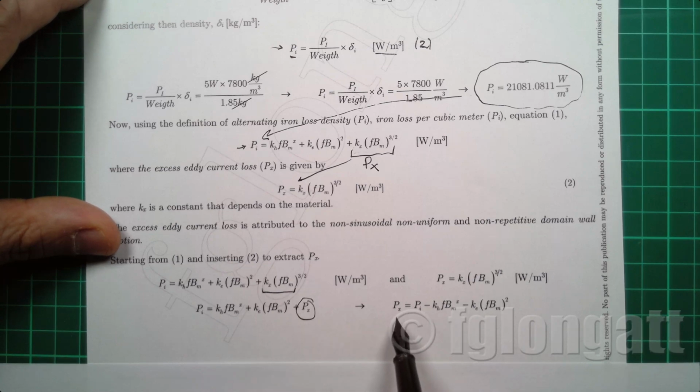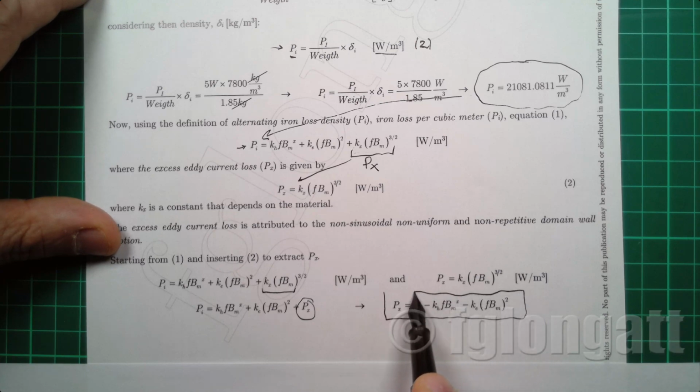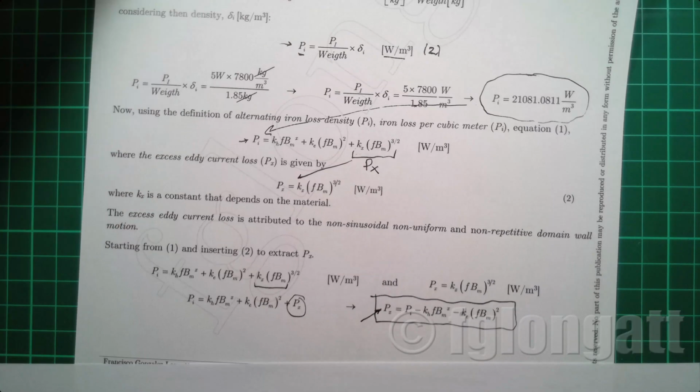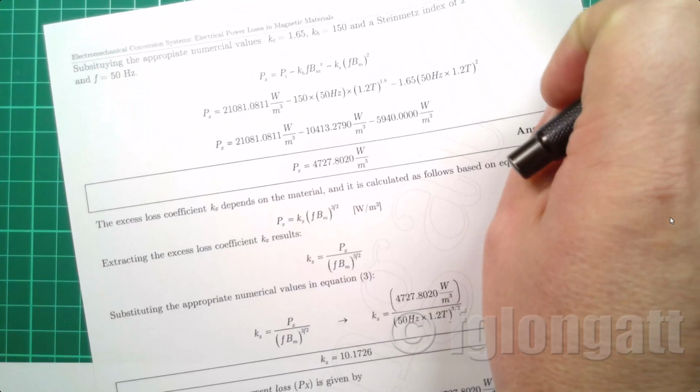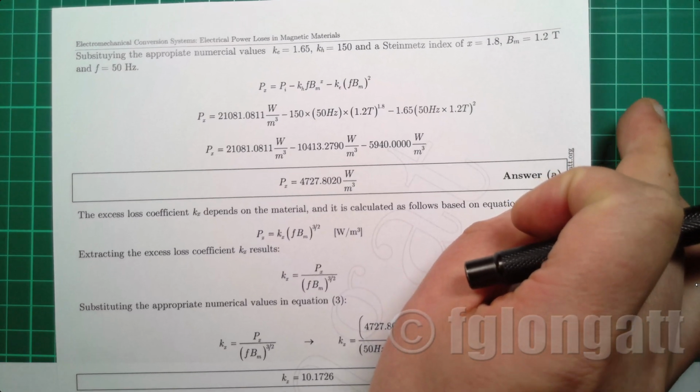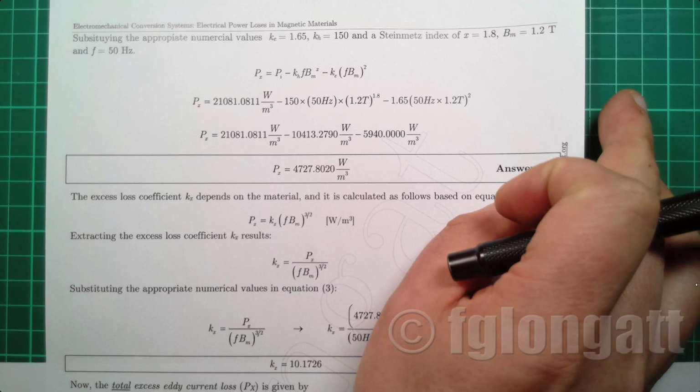So we can obtain an equation, and this equation is very important, because it will allow you to calculate Px in terms of the total loss density, the iron loss density, and here we have the hysteresis and the eddy terms. Now what we need to do is a numerical substitution, which is extremely simple. I believe all my students can do that on the calculator.